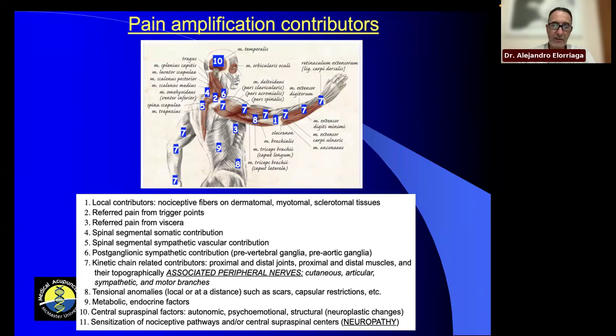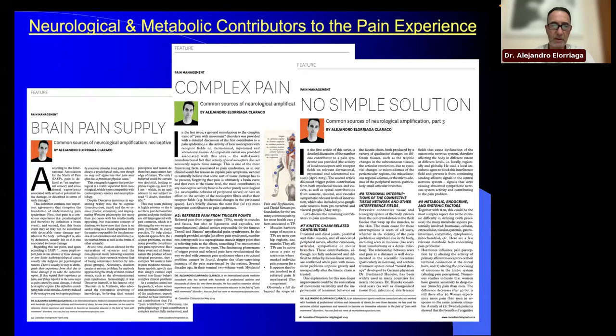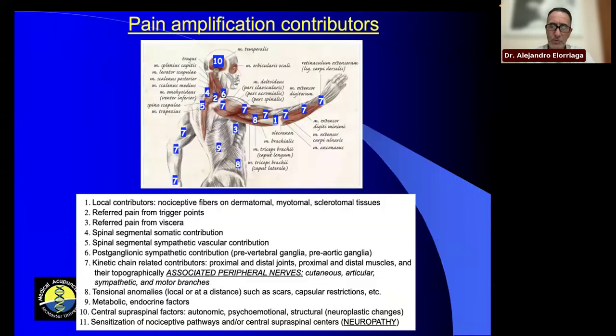And these categories of contributors are well explained in 3 articles I wrote that you have access to in my LinkedIn and in the McMaster Acupuncture website. 3 articles devoted to explaining these factors. And I'm not going to review them today. I just invite you to read them.